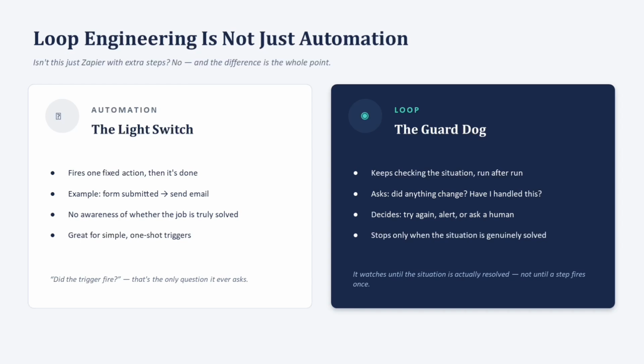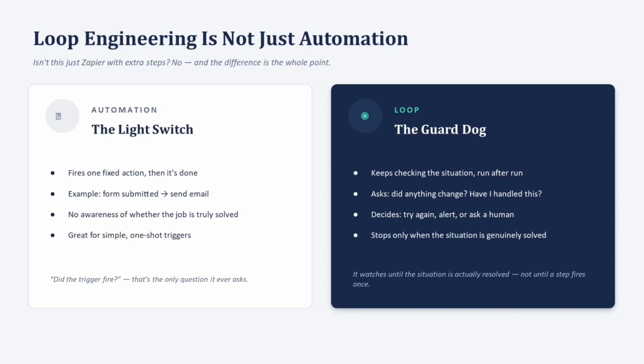Then, loop engineering is not just automation. Here I have given some differences between automation and the loop. Let's look at automation, the light switch, first. It fires one fixed action, it only does the task one time, and then everything is done: one task and only one action.